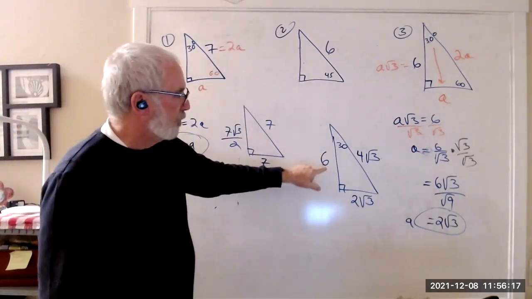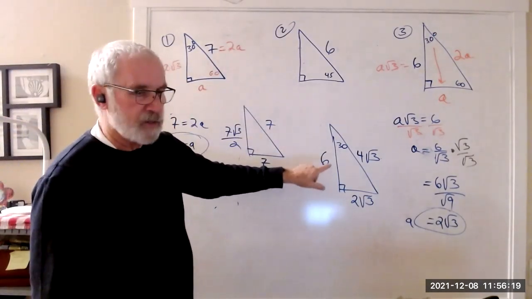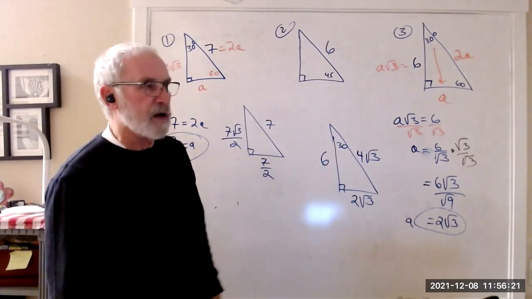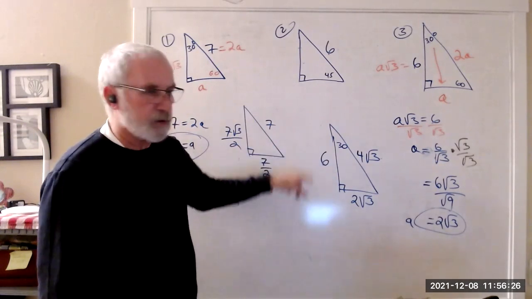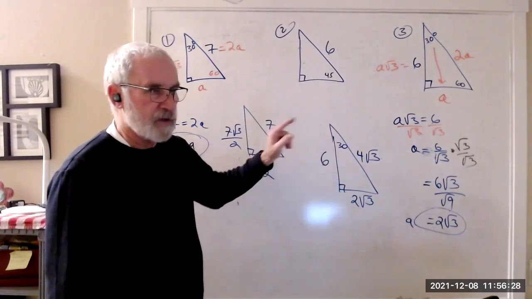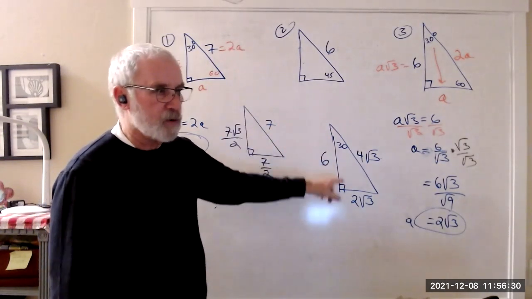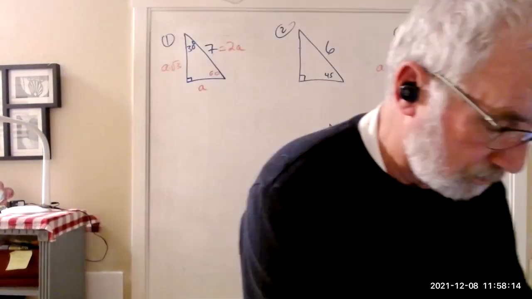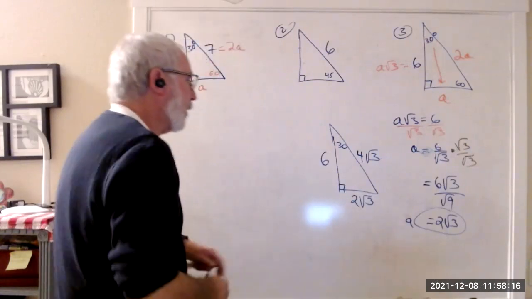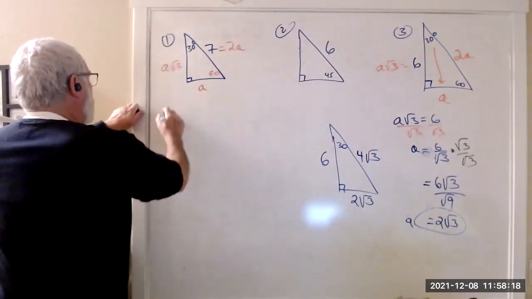I want you to look at number 3 again. Find the area and the perimeter of this triangle. All right, so let's go with the area.